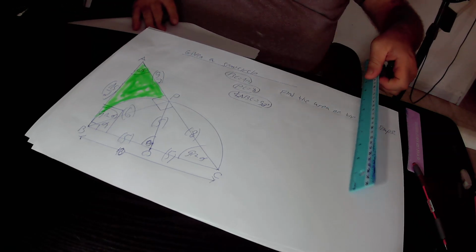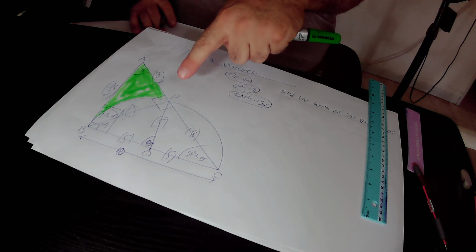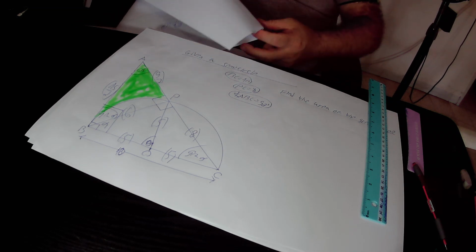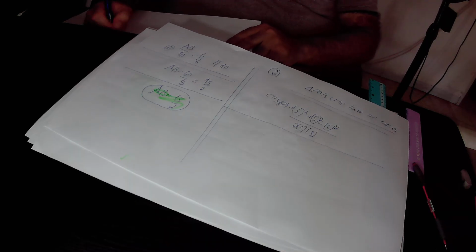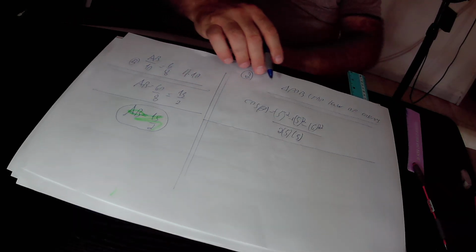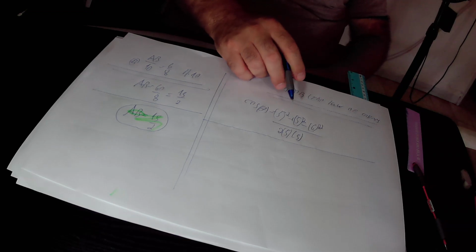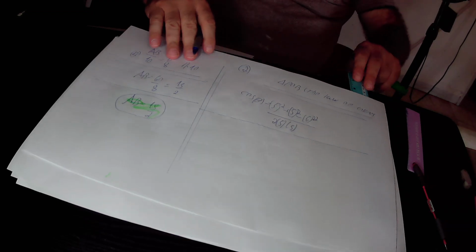Again, according to the law of cosines, in this triangle POB, cosine theta equals 5 squared plus 5 squared minus 6 squared over 2 times 5 times 5.